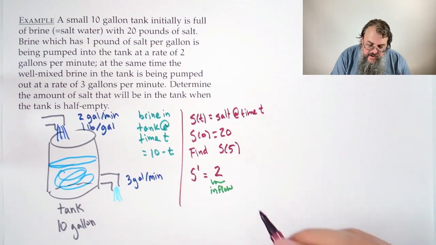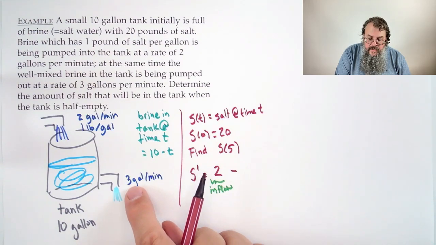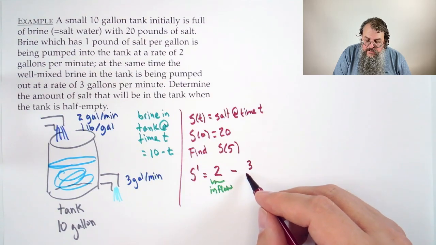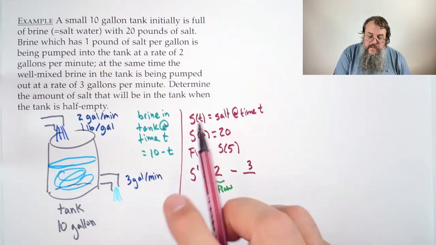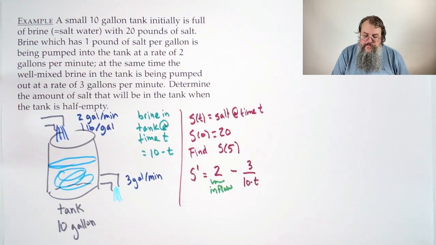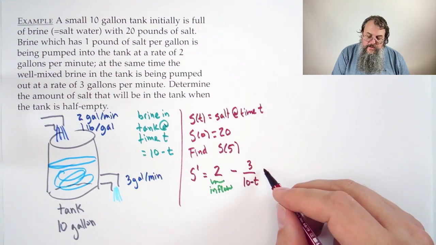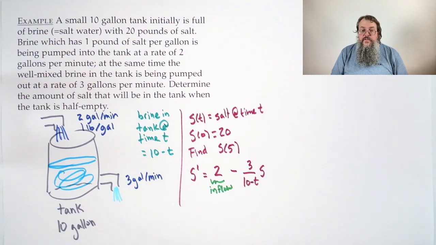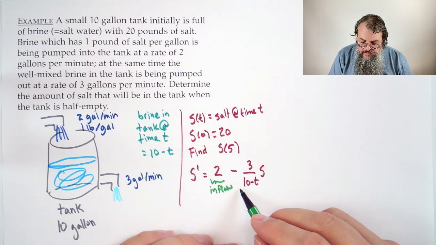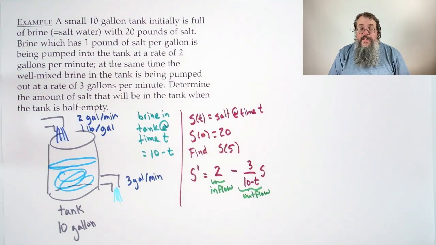So we're going to subtract, and now we ask what's the proportion: how many gallons per minute flow out, versus how many gallons are there total. That varies with time, so it's a function involving t. So 3 over 10 minus t. That's the proportion of salt leaving. To find the total amount, we have to multiply by how much salt there is. So 3 over 10 minus t times S. This is our outflow.